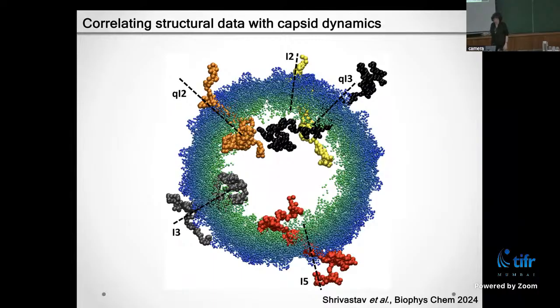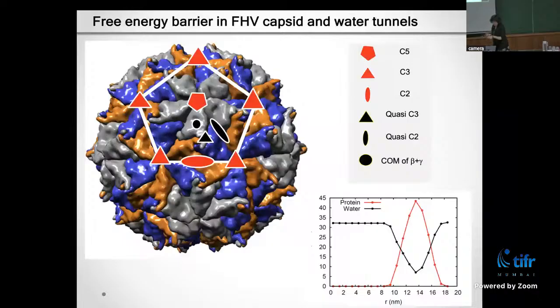That was our water movement, which is the only parameter that we utilized. Can we then say which paths are more open towards genome release?